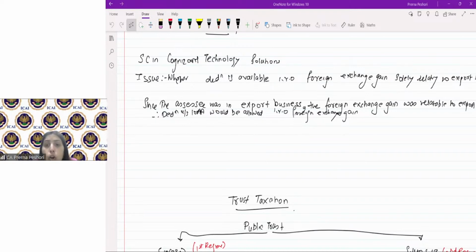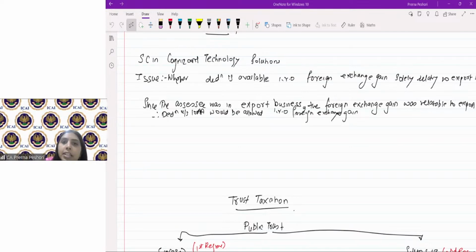And the Supreme Court noted that the assessee is engaged in the export business. Therefore, any fluctuation in the foreign exchange was solely relatable to the export business of the assessee. And therefore, deduction under 10AA would be available in respect of the foreign exchange gains.